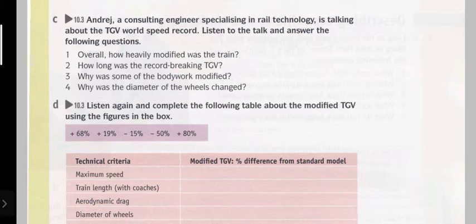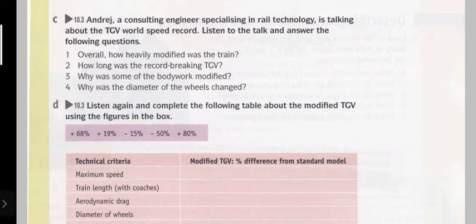What does aerodynamic mean? Aerodynamic is the dynamics of air. The interaction between the air and the solid object the air flows around.